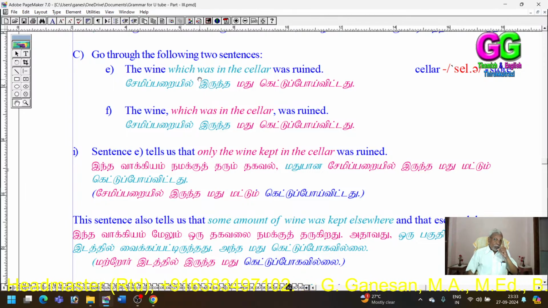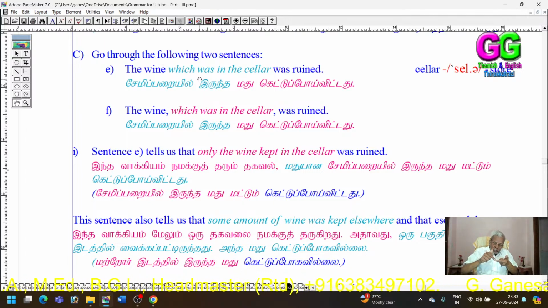Again, my dear children, when it is used as a defining relative clause, it has two meanings. The wine which was in the cellar was ruined. That means only the amount of wine that was in the cellar got ruined. That is one meaning. One more meaning: some amount of wine was kept elsewhere, and that wine was not ruined.